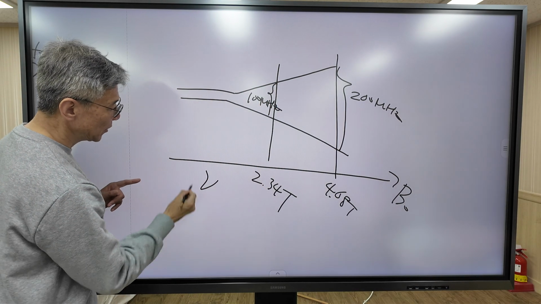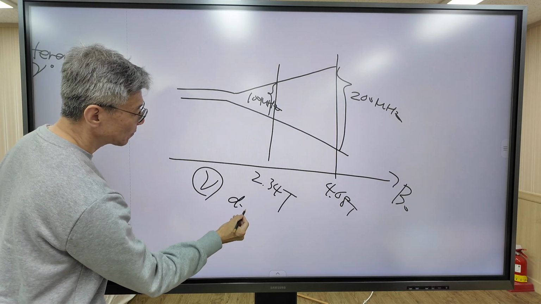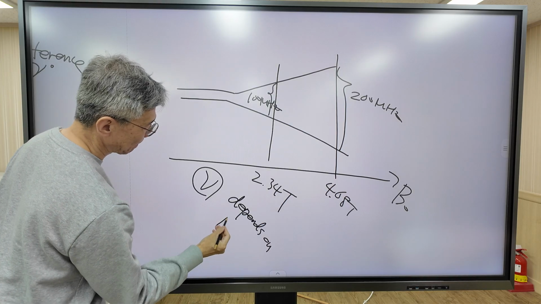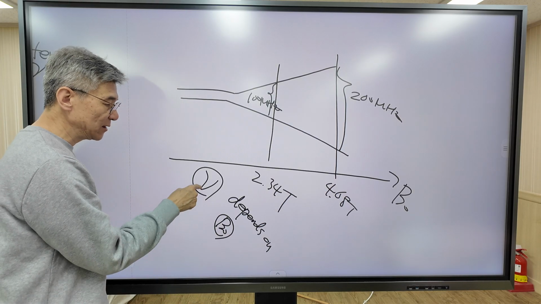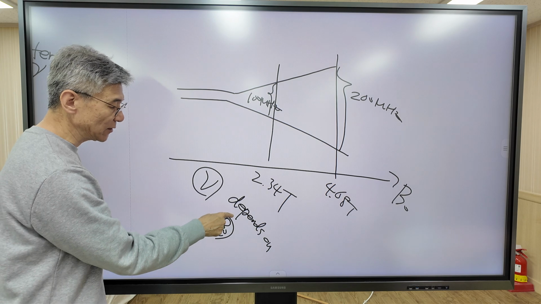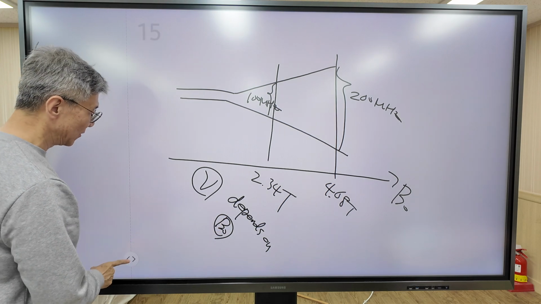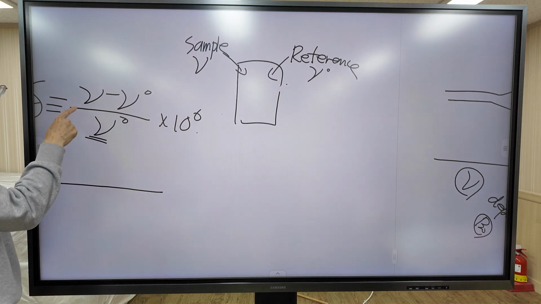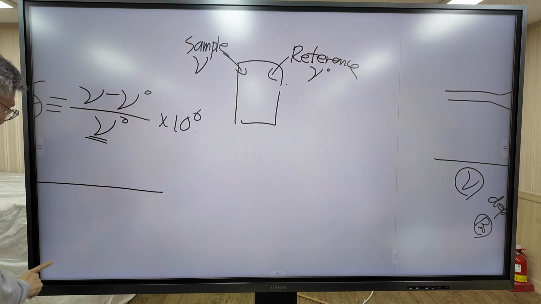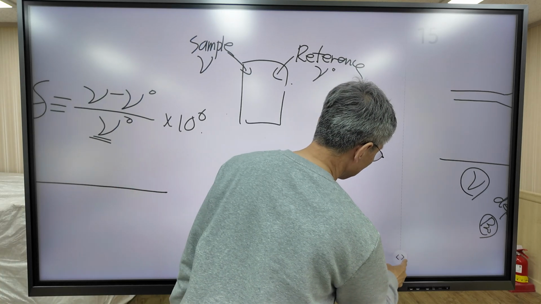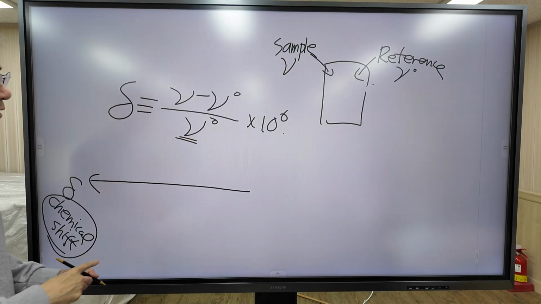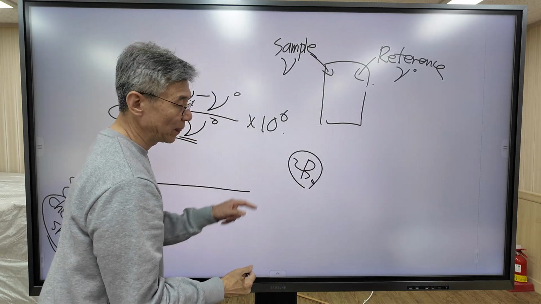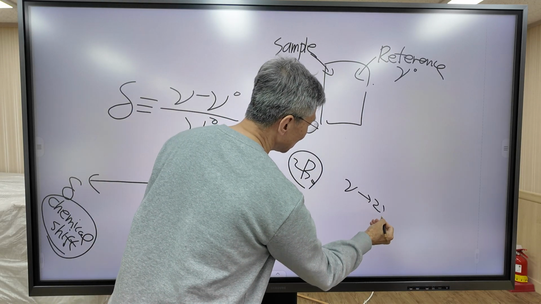So transition frequency depends on V0. It is not fixed. It depends on the strength of the magnetic field. So this one is not fixed, and this one is a problem. But when you measure delta, even if you increase V0 to 2V0, nu also doubles to 2 nu.